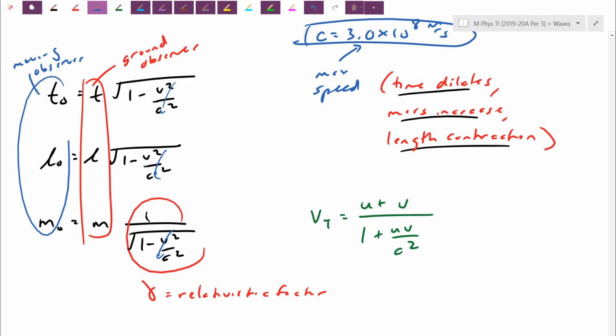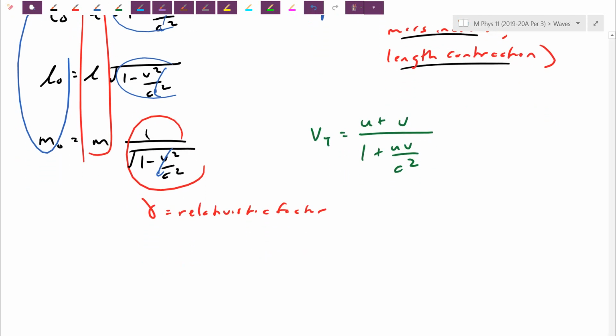When these speeds are very tiny, the speeds just add like you would normally. It's only when v gets close to the speed of light that this relativistic factor starts mattering, and this term starts setting up a ratio, some fraction, to actually slow down time, to actually contract length, and actually increase the mass. So I'm just going to leave you with a couple quick questions for you to practice.